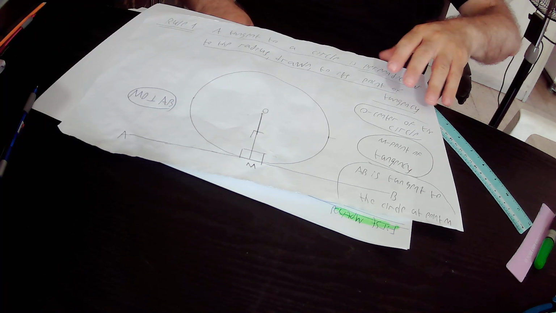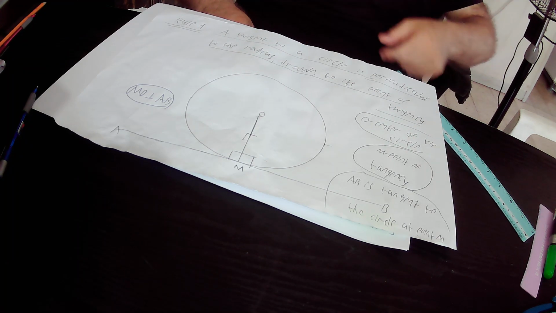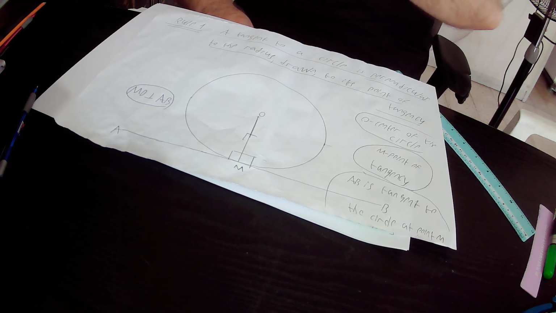According to rule 1, a tangent to a circle is perpendicular to the radius drawn to its point of tangency. So in the drawing we have a circle and tangent AB that is tangent to the circle at point M. Point M is the point of tangency of tangent AB with this circle.